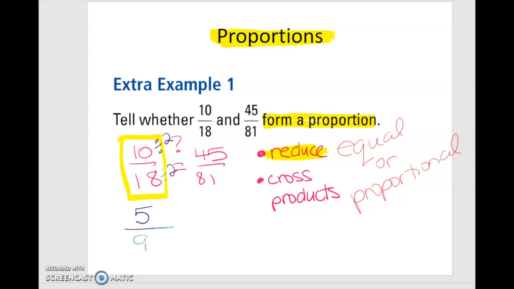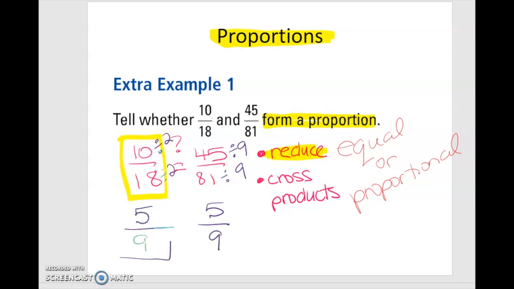Then I'm going to do the same thing with 45 and 81, and I'm going to think, is there a common factor there? Is there something I can divide both 45 and 81 by? These are both divisible by 9. So 45 divided by 9 is 5, and 81 divided by 9 is 9.